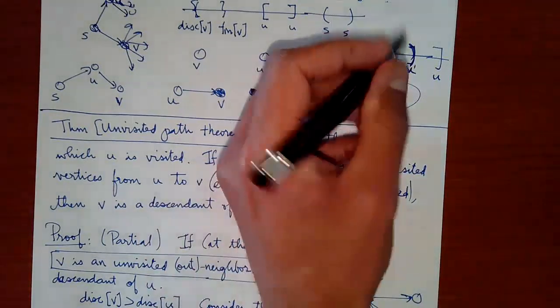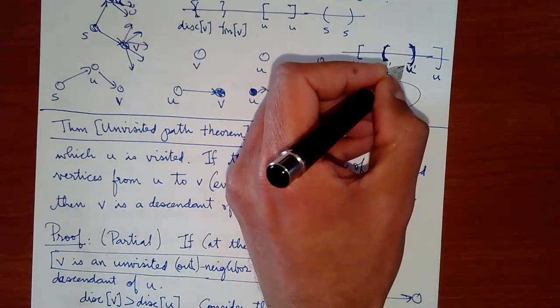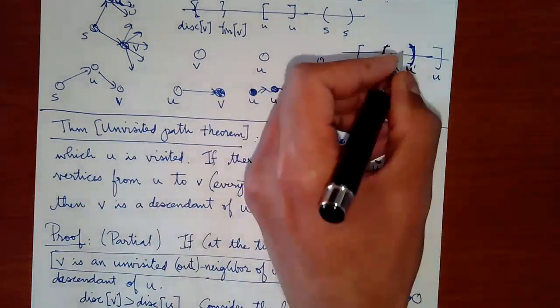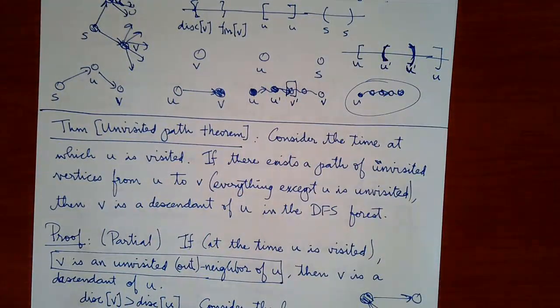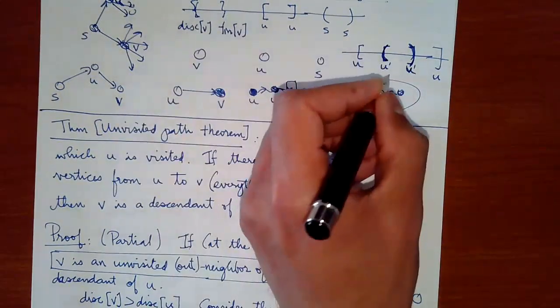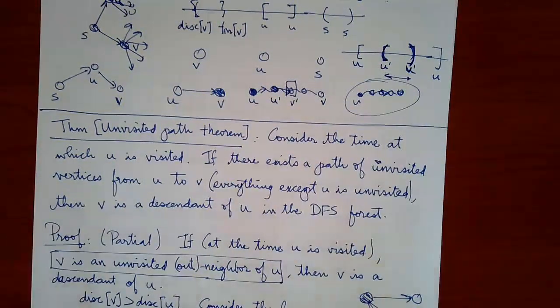So either V prime's opening was in here somewhere, in which case you're done. And that's essentially what you argue, right? You argue that V prime must have opened somewhere in here. It couldn't have opened previously, and it must have opened in here because it's a neighbor of U prime, just by the argument that we had down here. But there might be a faster way to get to V prime from U. That doesn't matter.